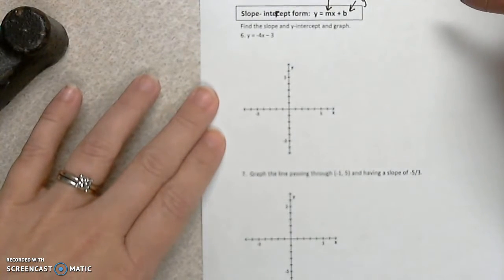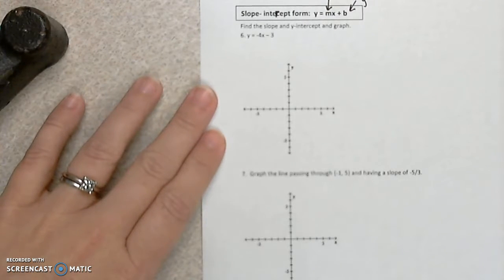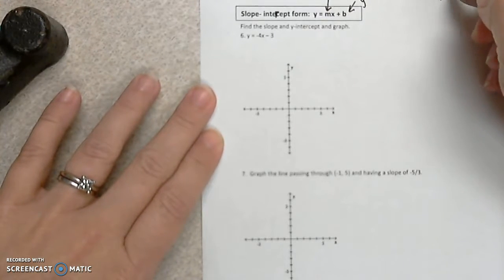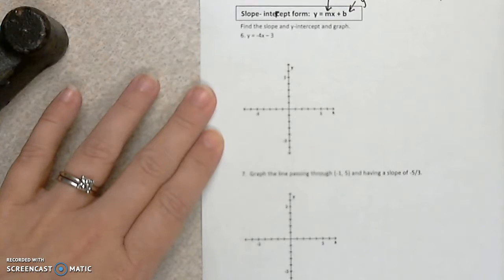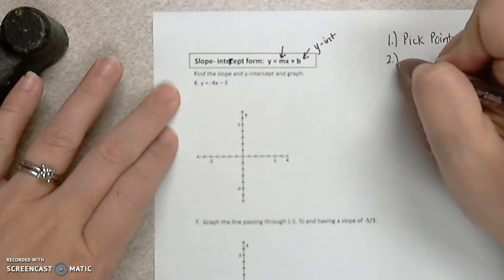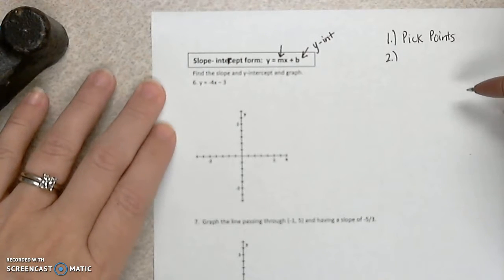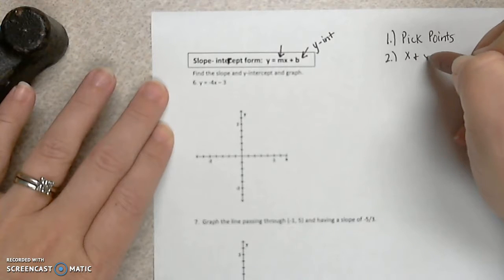Alright, and so this is another way that we can graph the equation. So we've looked at 2 ways already. One was to pick points, and that's where we picked a value for x and solve for y, or vice versa, like we did on test number 2. Then on the other video, part 1, we graphed using the x and y intercepts.